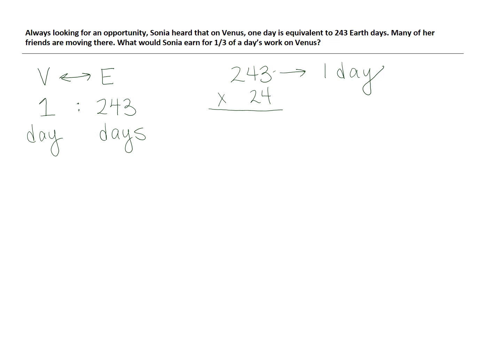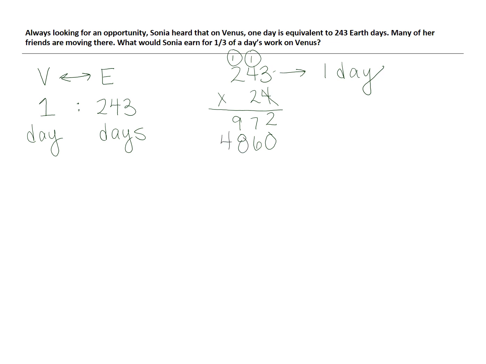4 times 3 is 12, carry the 1. 4 times 4 is 16, 17. 4 times 2 is 8, plus 1 is 9. Add a 0. 2 times 3 is 6. 2 times 4 is 8. 2 times 2 is 4.